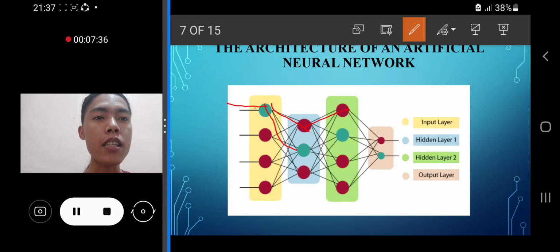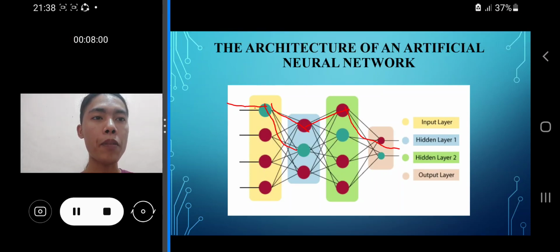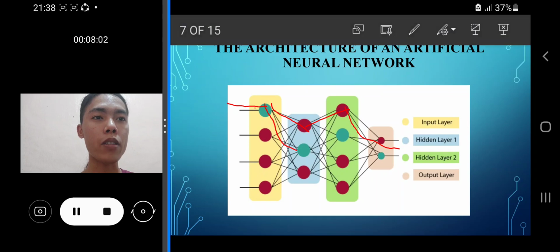For example, the code is: if the dog is greater than or equal to 0.0181, it is a dog, or else it is a cat. So it will compute, and then it goes here, it will flow out, and the output will come out.